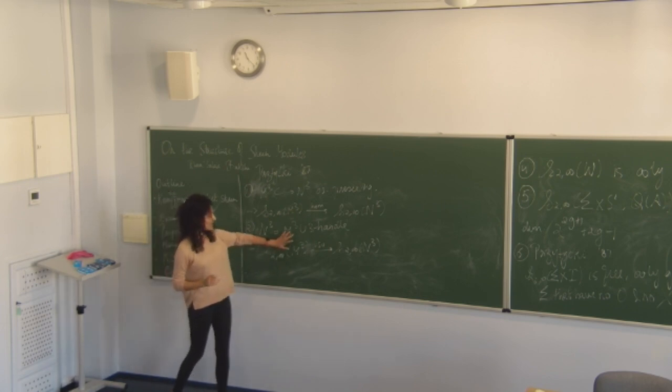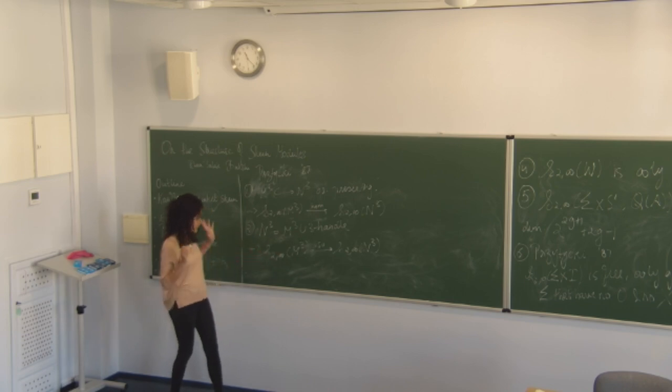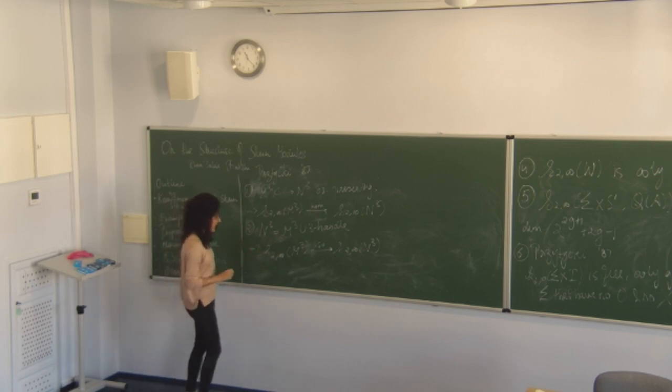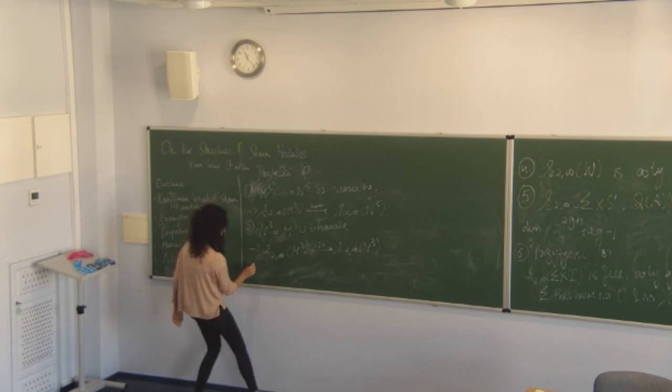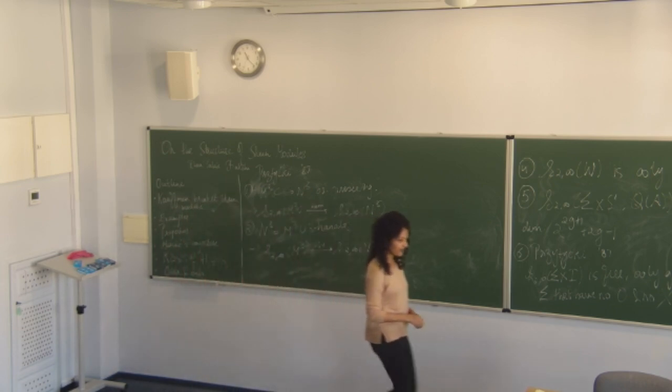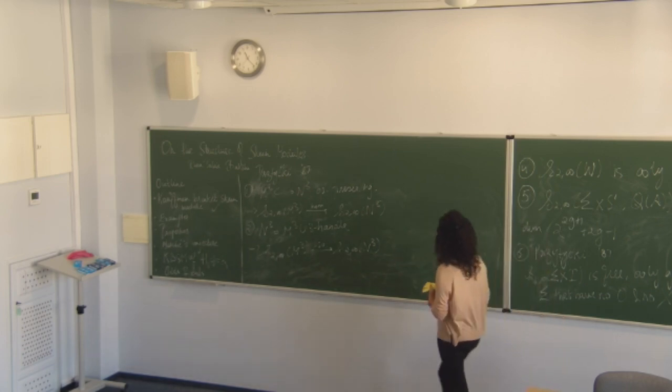So three-handle addition doesn't change in a way the Kauffman bracket skein module. The third result is, maybe I'll write that on the next board, or maybe I'll write that here.